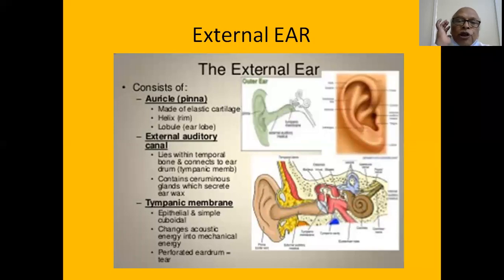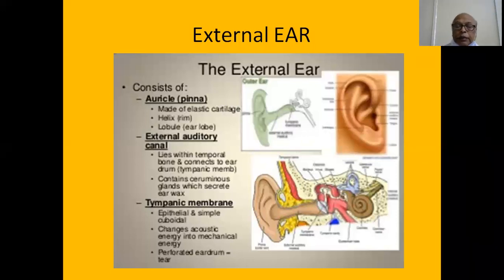The external canal is the area through which the sound vibrations travel and strike the tympanic membrane.